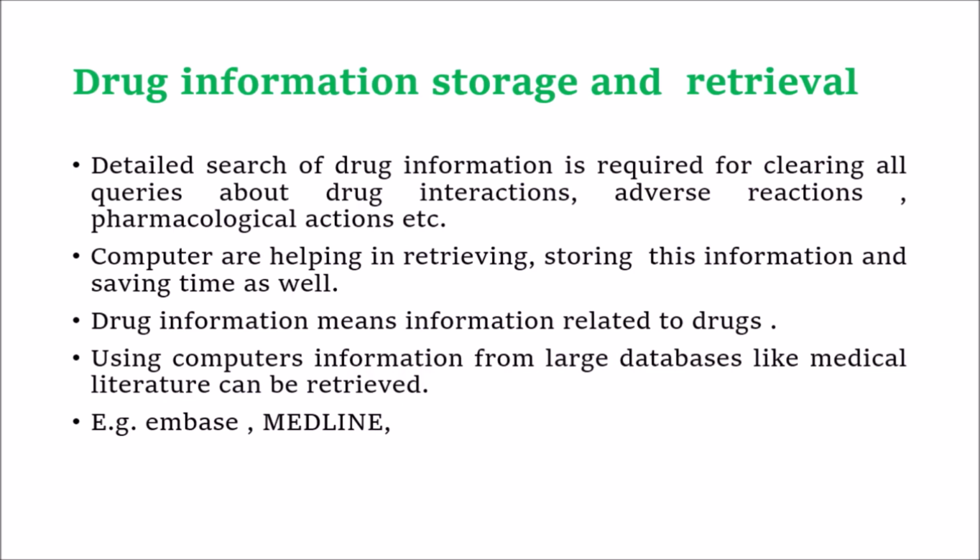In searching those databases, computers are very much useful. So this is the first application where we are using computers in pharmacy: drug information storage and retrieval. You can get drug information from large databases, store it, and retrieve it.